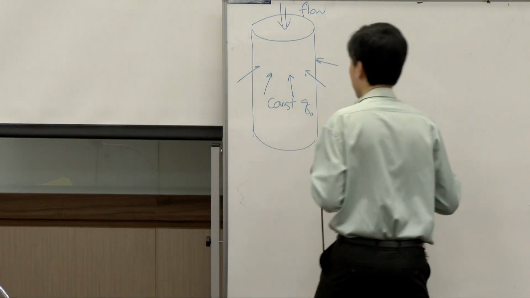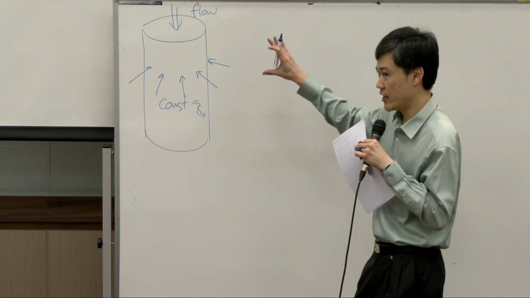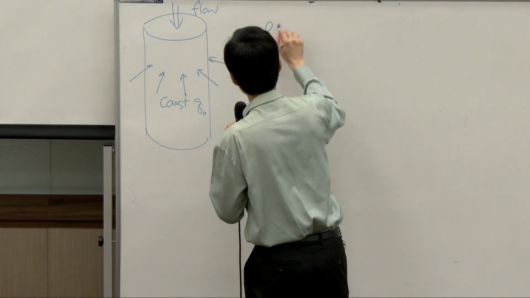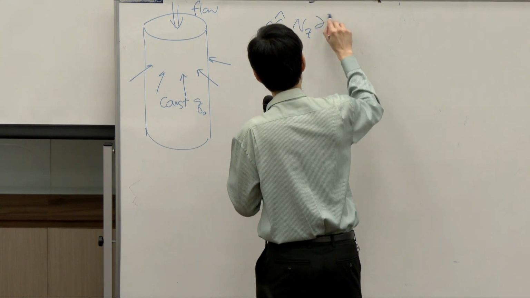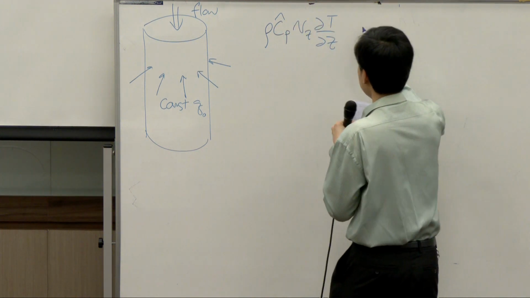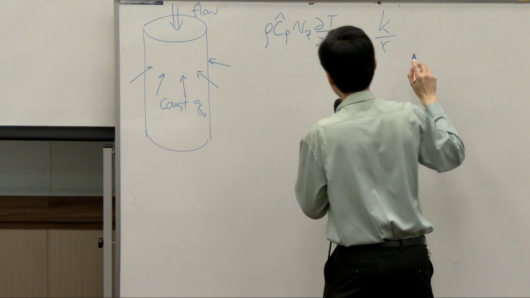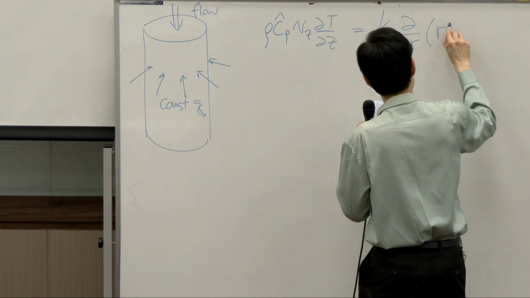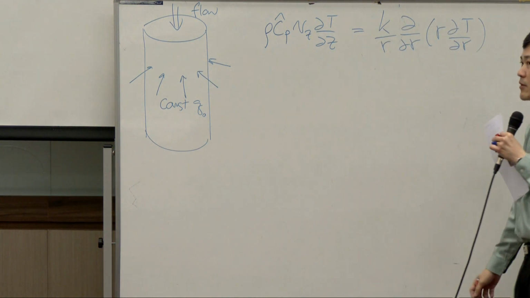And from chapter 11, if you set up the equation of energy together with the Navier-Stokes equation, I showed you that you will end up with this partial differential equation, that convective transport in z direction would equal conductive transport in r direction. This is what we got from chapter 11.